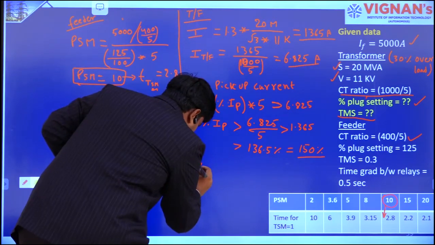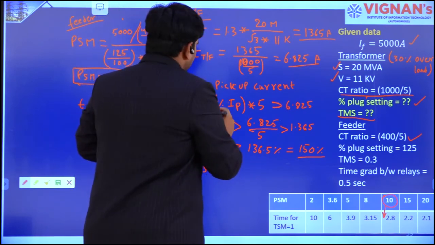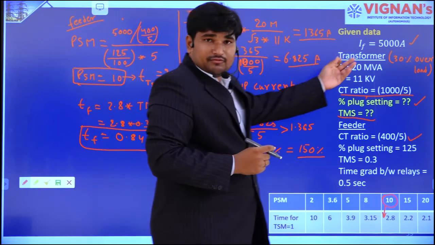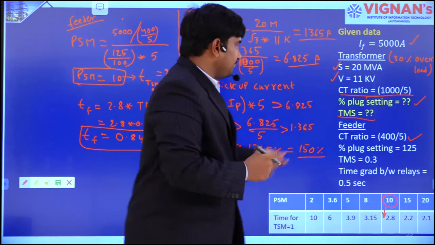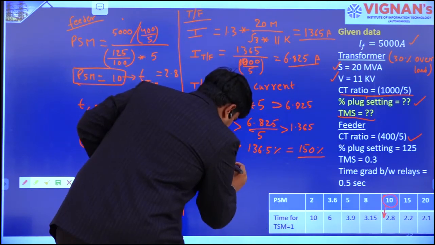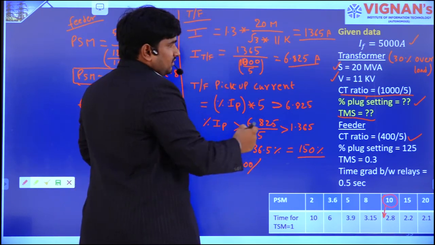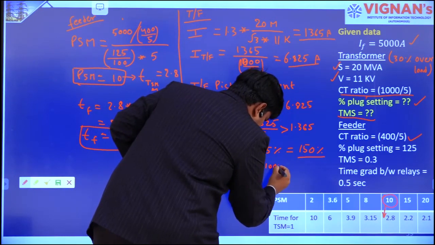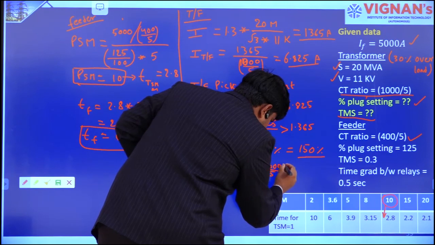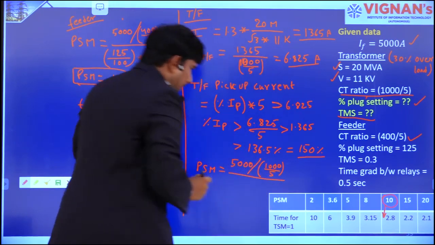The plug setting multiplier is equal to the fault current flowing through the transformer relay, which is 5000 amperes, divided by the CT ratio, that is 1000 divided by 5, divided by the pickup current.